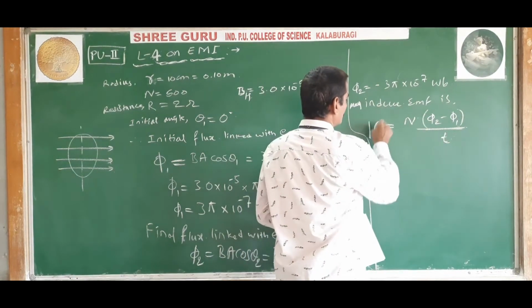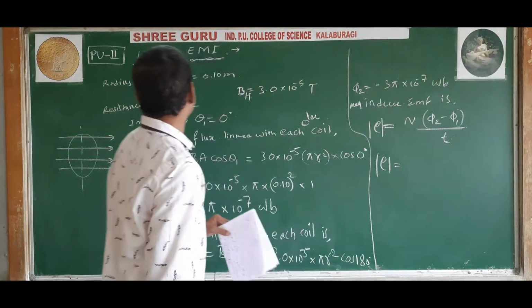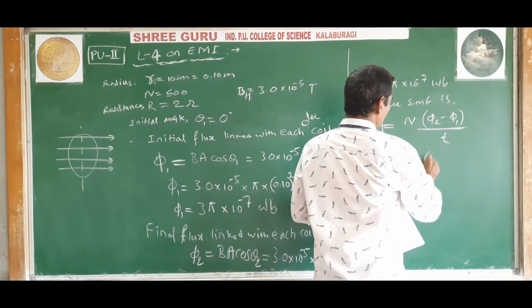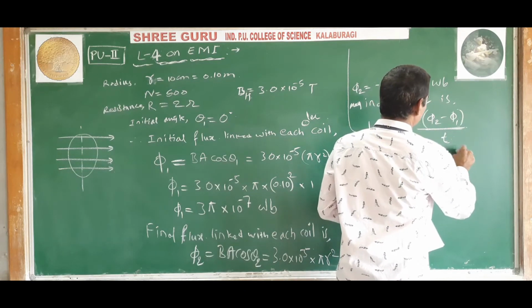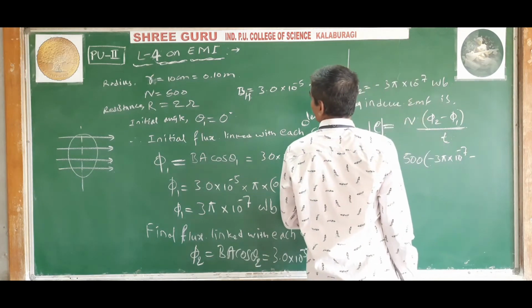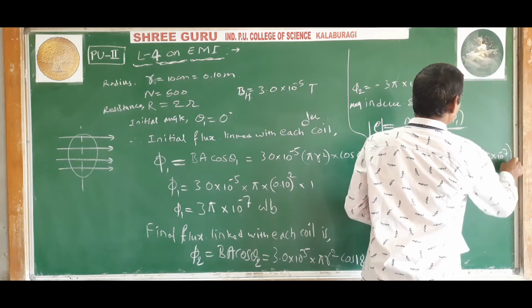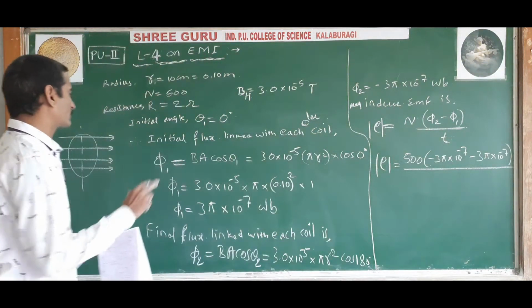So the induced EMF is equal to N, the number of turns. Now substitute 500, phi 2 is minus 3 pi into 10 to the power minus 7 minus phi 1. Phi 1 is also the same, 3 pi into 10 to the power minus 7, divided by the time taken for this rotation.